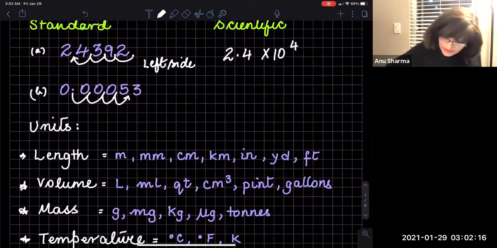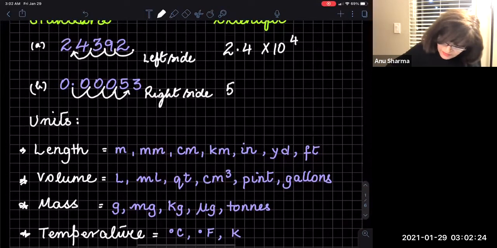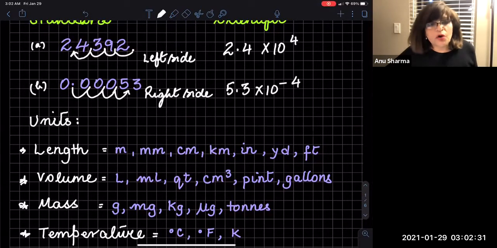Okay, so now I moved the decimal to the right side. So here, what does the number become? It becomes 5.3 times 10 to the power negative 4. So for the small numbers, it's a negative exponent, but for a large number, it's a positive exponent. Okay.